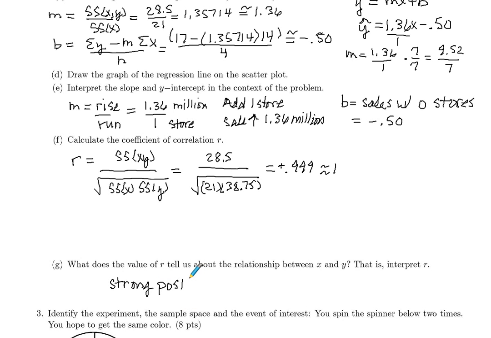And if it was close to -1, then we'd have a strong negative linear relationship.